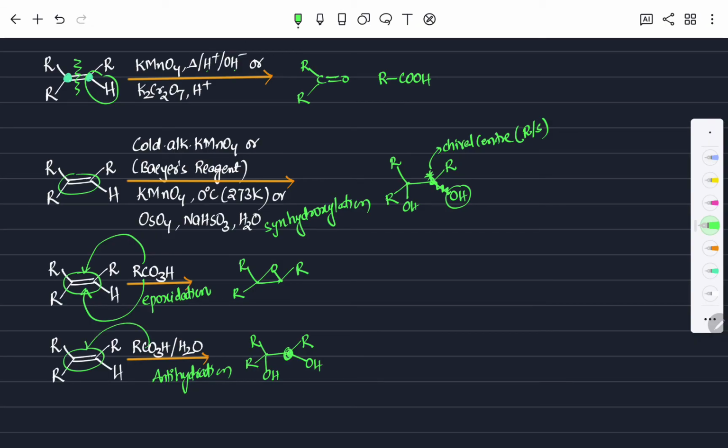So peroxide can attack both sides. That's why we get two possibilities. It is a chiral center, R configuration plus S configuration. Both are possible. That means OH we can write above the plane, we can write below the plane. Here it is not an sp3 atom connected to four different groups. It is not a chiral center. That's why there is no need of stereochemistry there, but here stereochemistry is important.